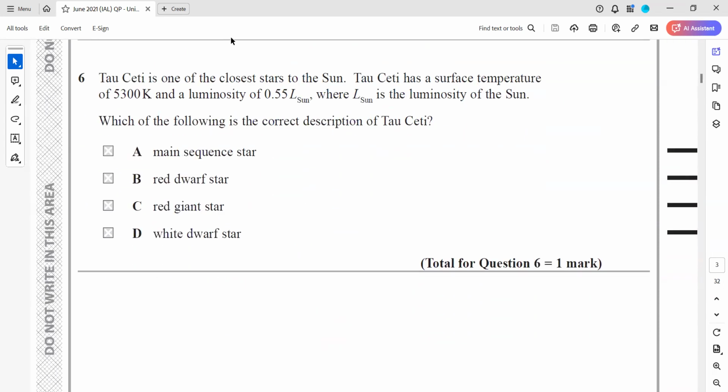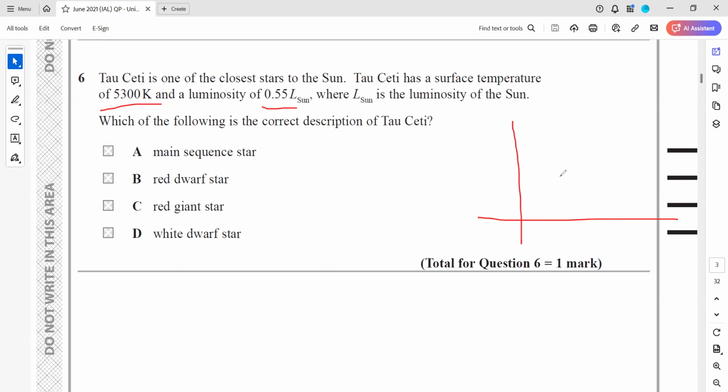Next, Tau Ceti is one of the closest stars to the Sun, with a surface temperature of 5,300 kelvin and a luminosity 0.55 that of the Sun. Which of the following is a correct description?